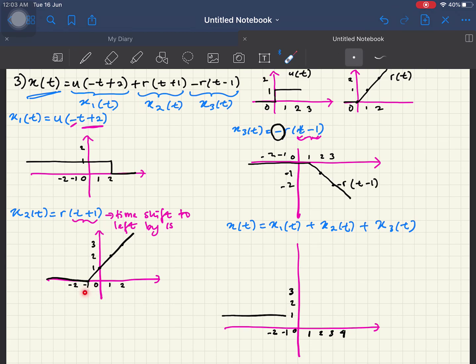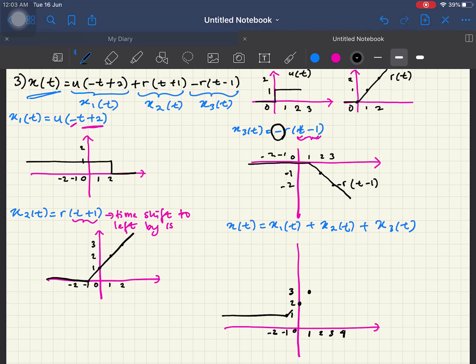Because at -1, instead of 0, now you have a slope of positive 1. So at -1 you are at 1, at 0 you should be at 2, and at t equals positive 1, you should have an amplitude of 3.